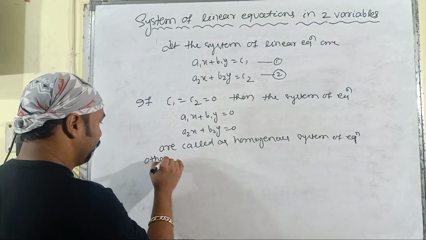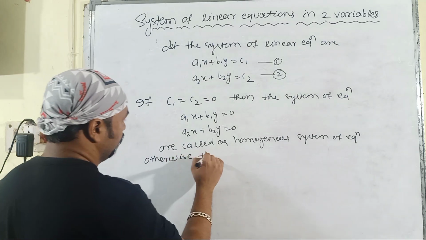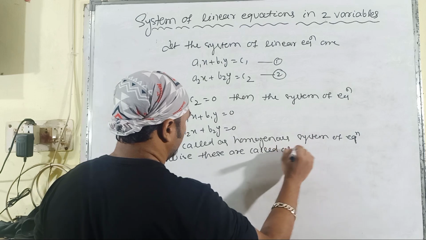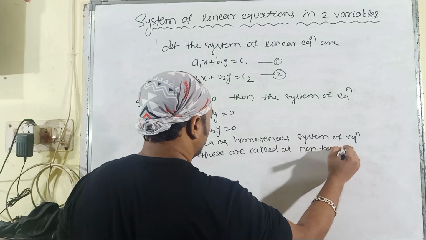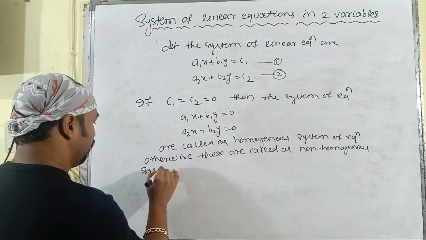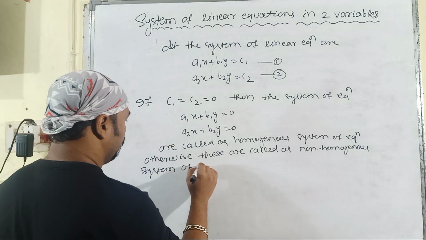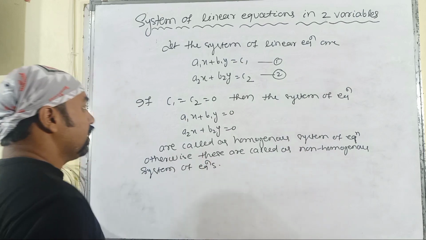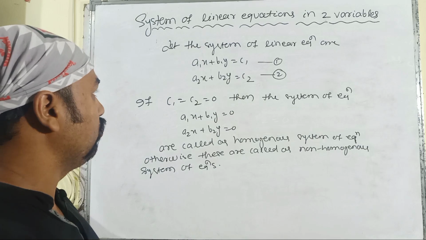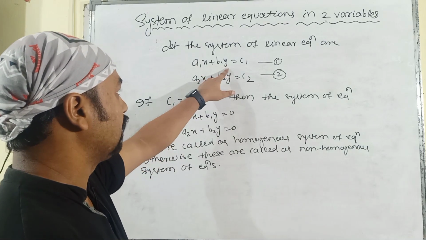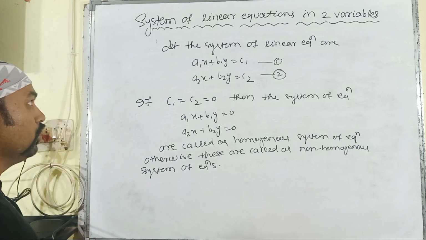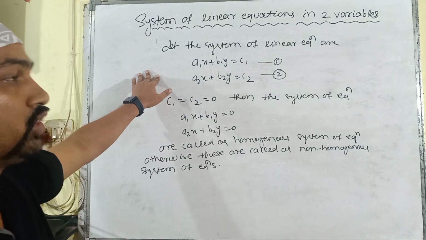Otherwise, these are called a non-homogeneous system of equations. Here x and y are called the solutions of equation number 1 and equation number 2, as both of the variables x and y satisfy both equations number 1 and number 2. So here it is the system of linear equations in two variables.